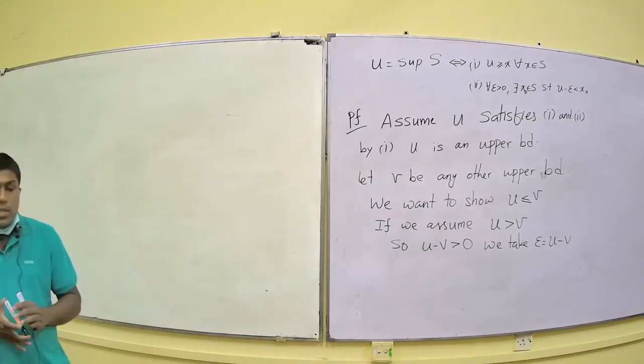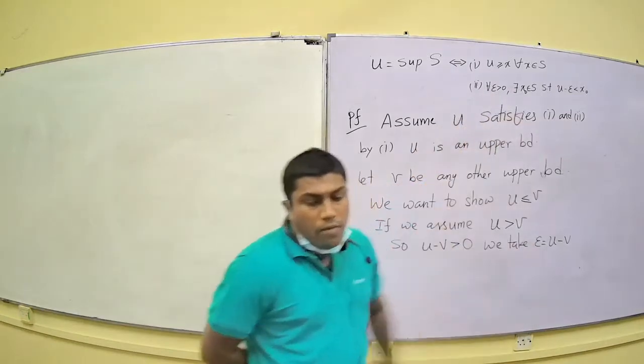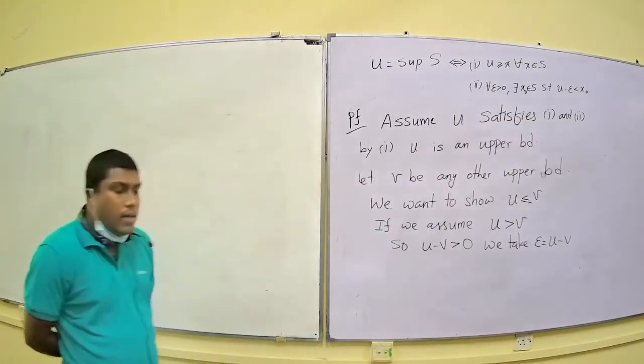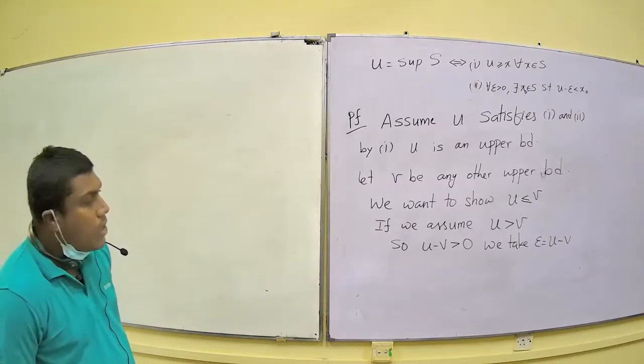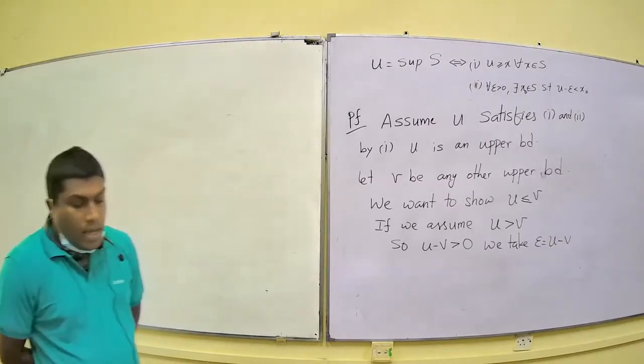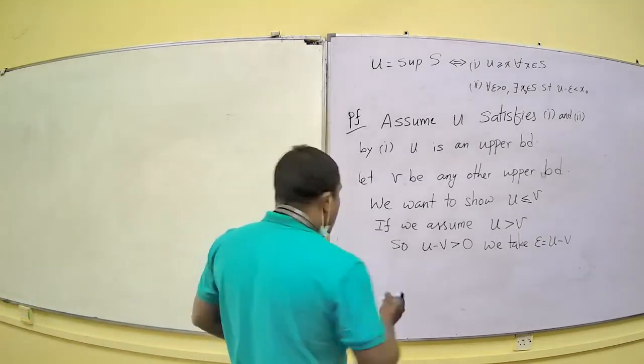So you can take epsilon as u minus v, because statement number 2 says for every epsilon positive, so you can take a positive number as epsilon. In this case, you can take u minus v as epsilon.